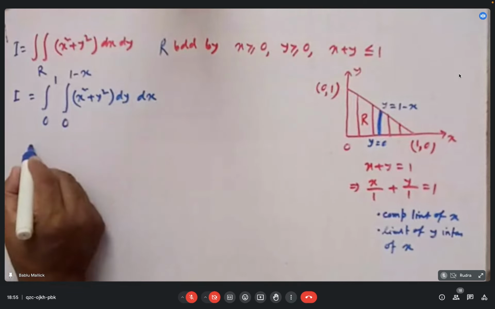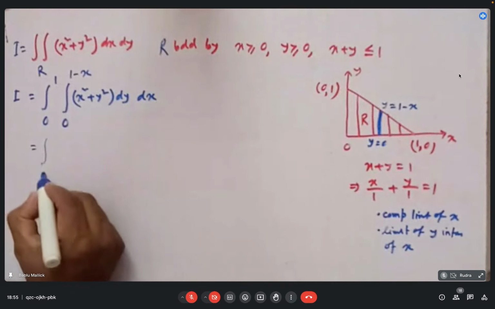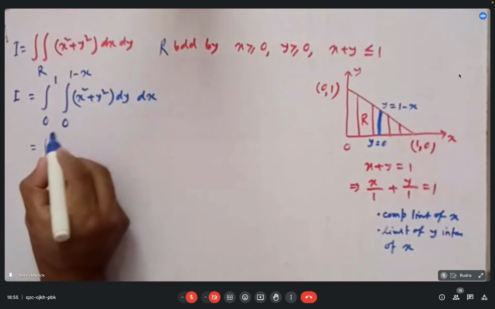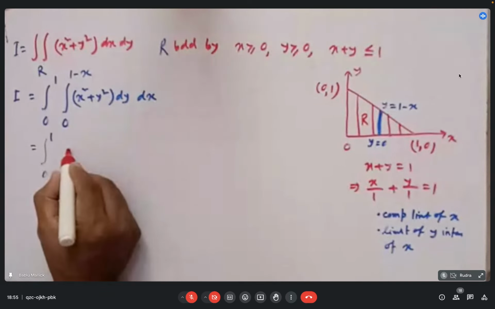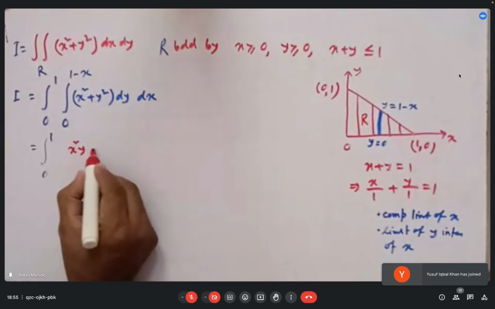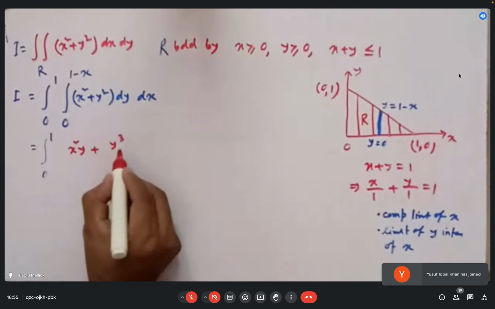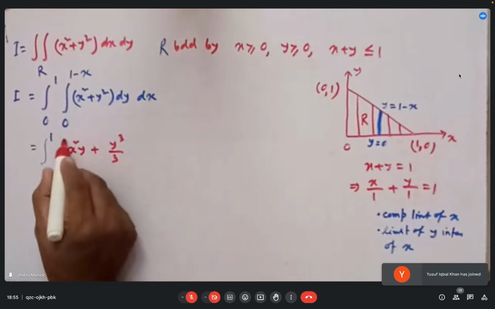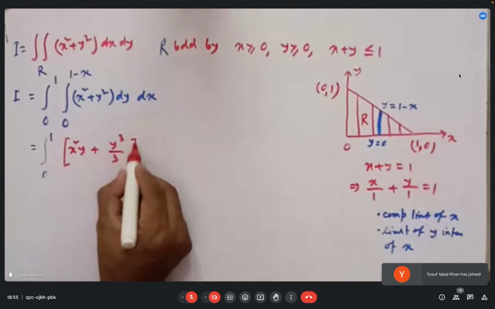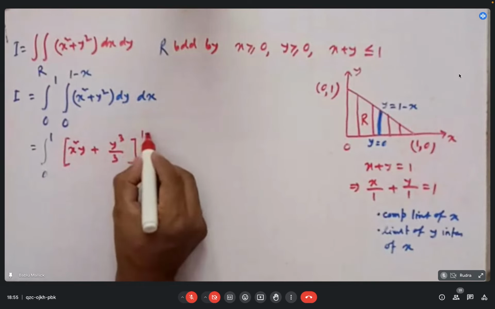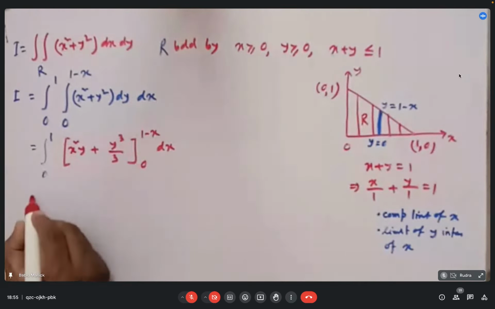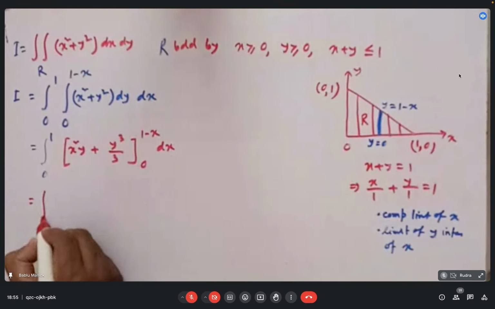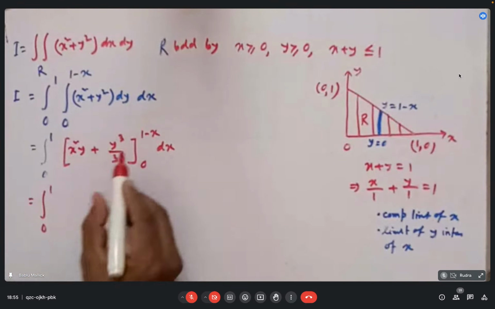Now integrate. Integration from 0 to 1, and integrating with respect to y we get x square into y plus y cube by 3, from 0 to 1 minus x, dx.